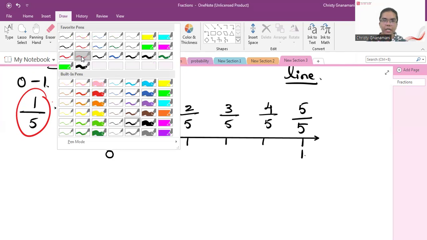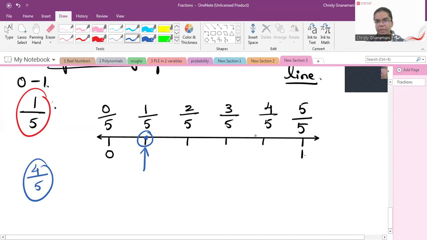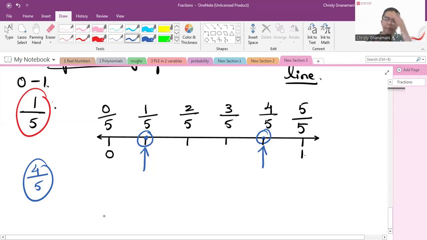So where should you mark it? 1/5 should be marked here. So this should be your part on the number line, which represents 1/5. And how will you represent 4/5? Here is the fraction 4/5. Right? So this is how you represent the fraction on the number line.